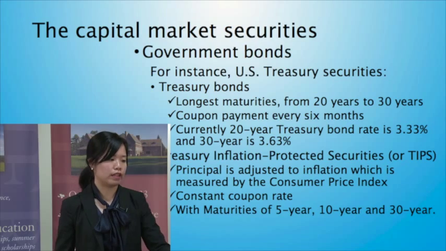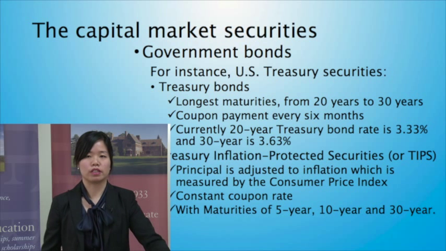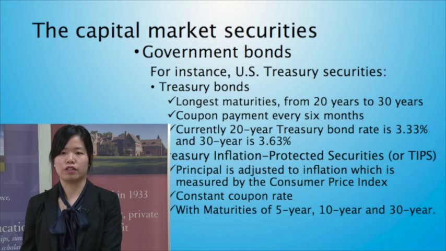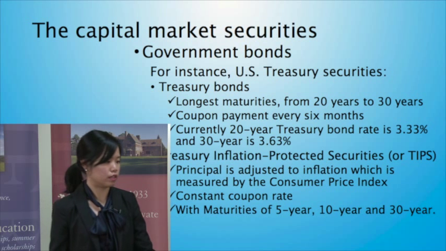You don't want to expose yourself to currency risk. So let's see, if you want to invest in the US, you don't want to get yourself into this exchange risk. You can just buy the US government treasury securities. So you don't need to get involved in another country's currency.